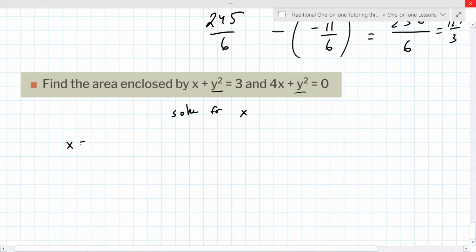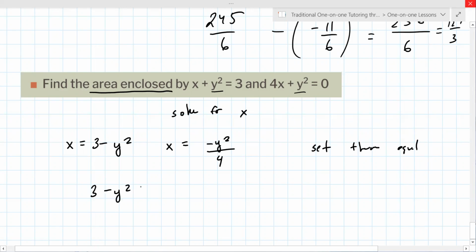So the first equation is x equals 3 minus y squared. And in the second equation, it's minus y squared divided by 4. Okay, so now you set them equal, because when we're finding the area enclosed, we don't really care what the graph looks like. We just need to find the two bounds. 3 minus y squared equals minus y squared over 4.